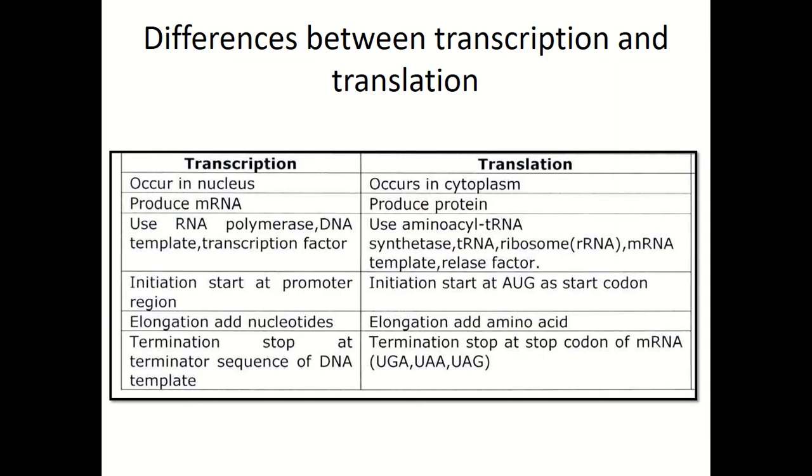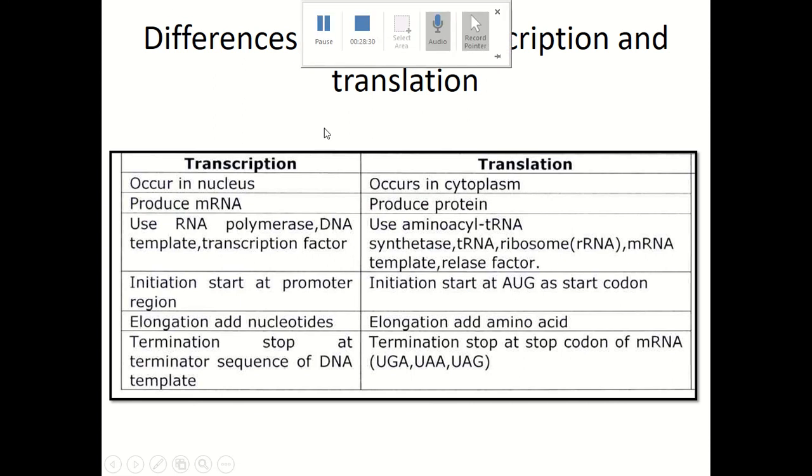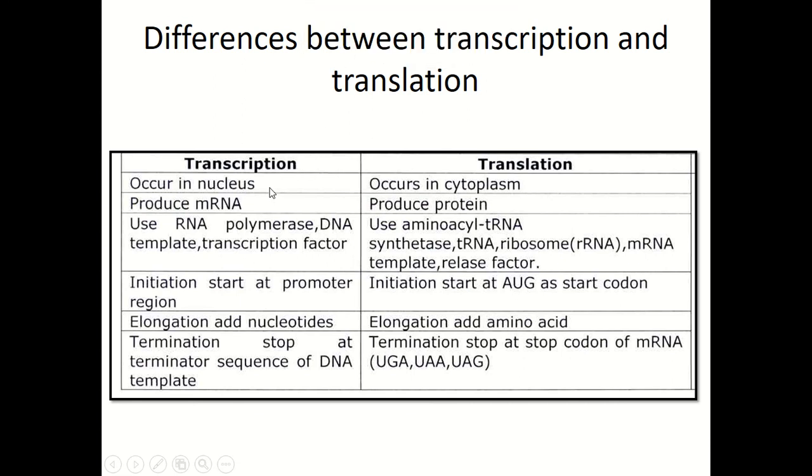So, what are the differences between transcription and translation? Transcription occurs in the nucleus. Meanwhile, this is only for eukaryotic cells, yeah? And translation occurs in the cytoplasm. Transcription produces mRNA, meanwhile translation produces a polypeptide, which is protein.